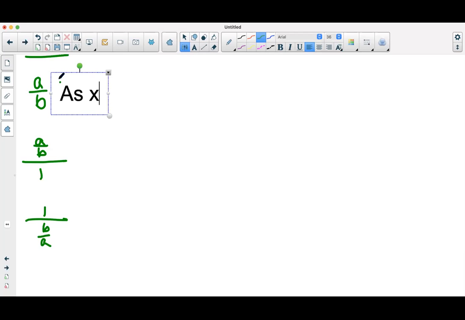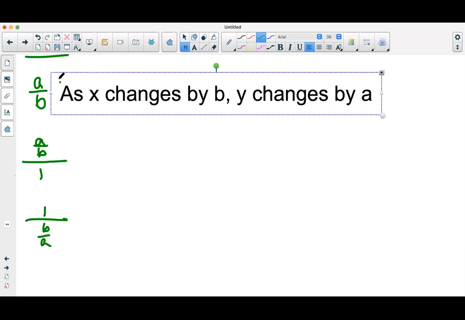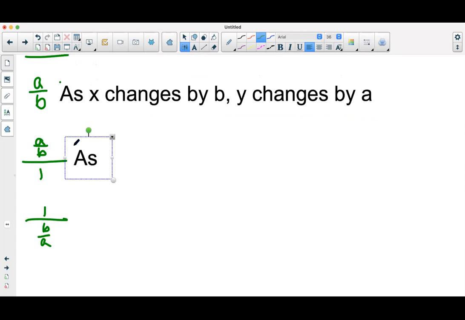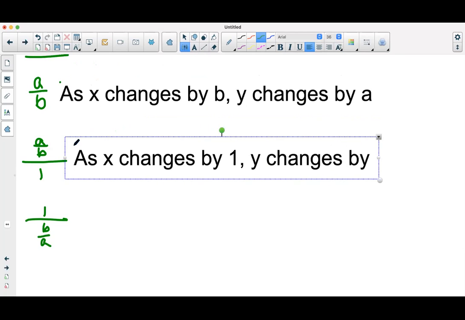As x changes by b units, y changes by a units. Makes sense? Because change of y over change of x. Now, how about the second one? This is as x changes by 1 unit, y changes by what? A over b units. That's the second interpretation of the same slope.